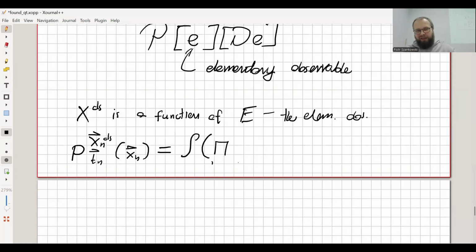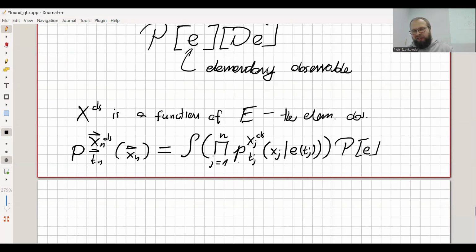That you have a product over j, and here you have some filter function, classical, which could depend on time, x_j, given the value of the elementary observable at time t_j, and all this integrated over trajectories of the elementary observable.